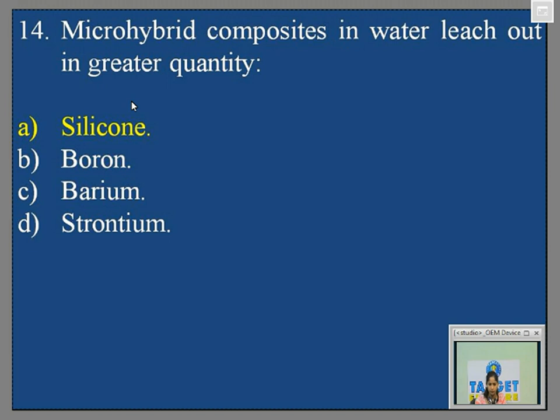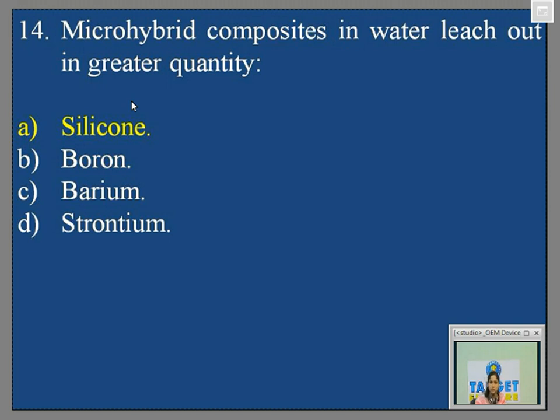silicones. See, if the question says the most commonly used glass filler, the answer is barium. But out of all these, silicone is the one. See, silicon, boron, barium, strontium, these are all inorganic ions and they will all get leached out in variable proportions and at variable intervals.